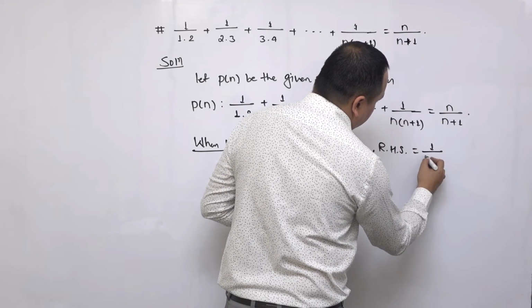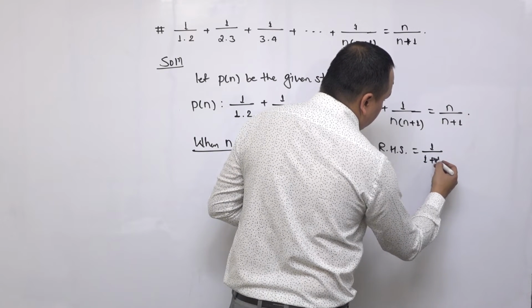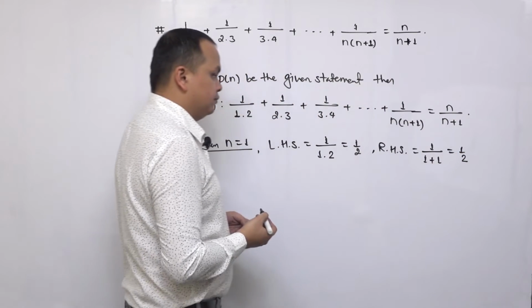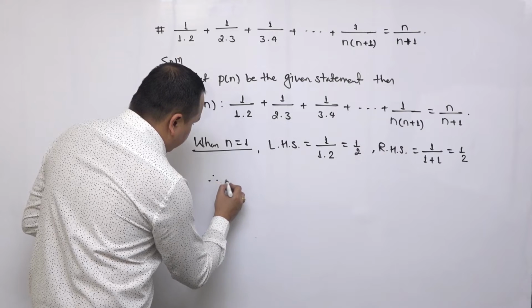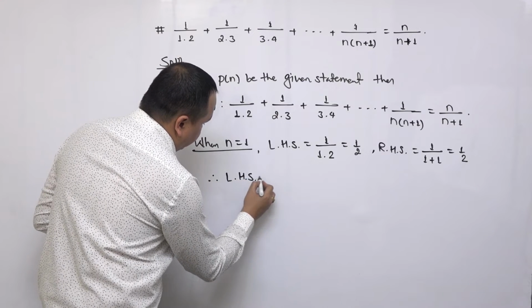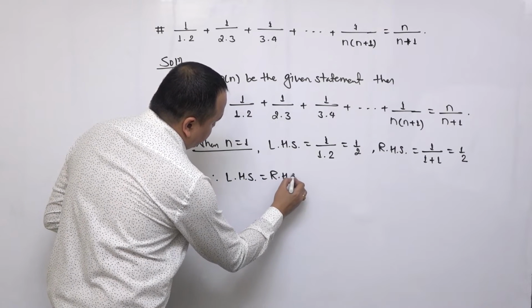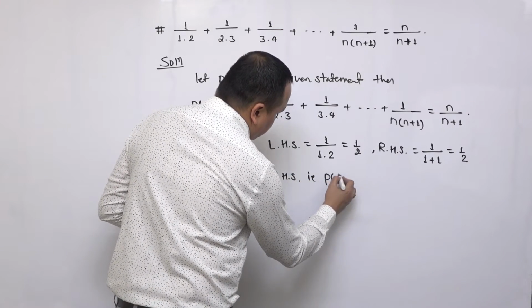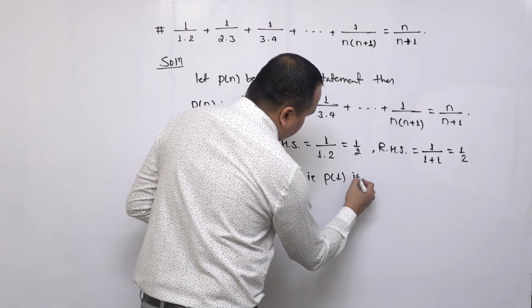We get 1 upon 1 plus 1, which is 1 upon 2. Therefore, left hand side is equal to right hand side. That is, P1 is true.